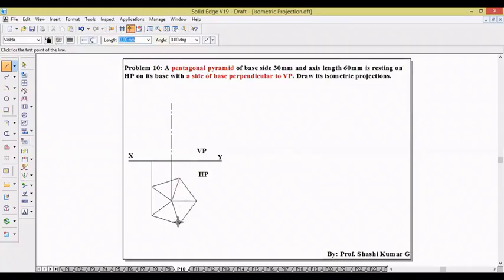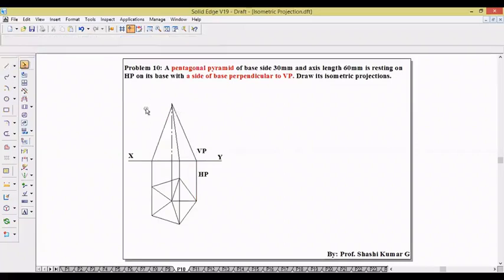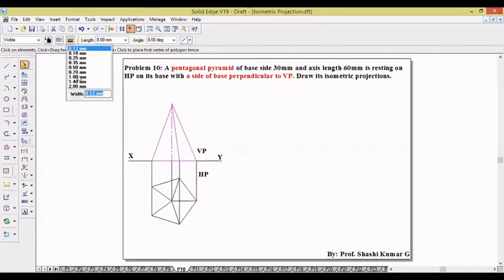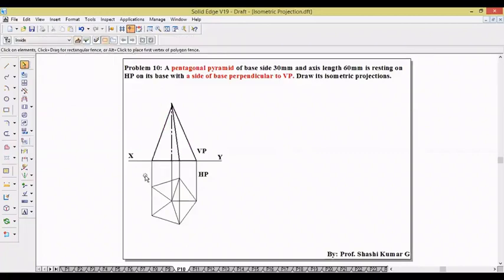Take continuous line. Take projection of this till XY line and join to the apex. So this is the front view and top view of the pentagonal pyramid. Make it thick.